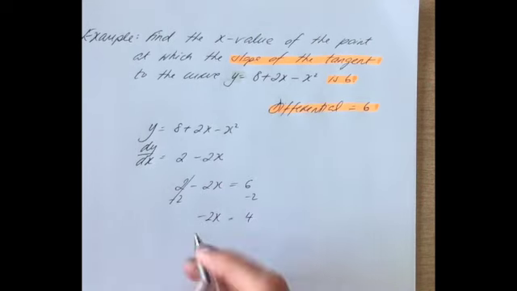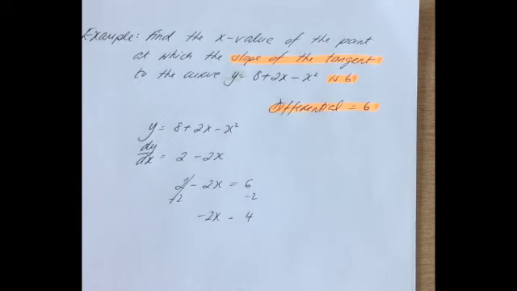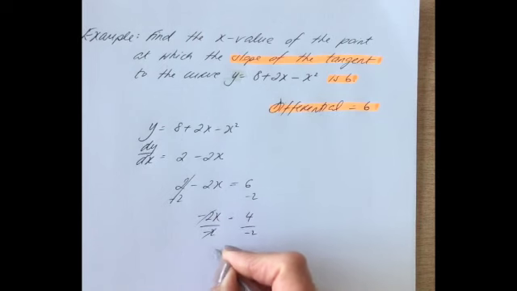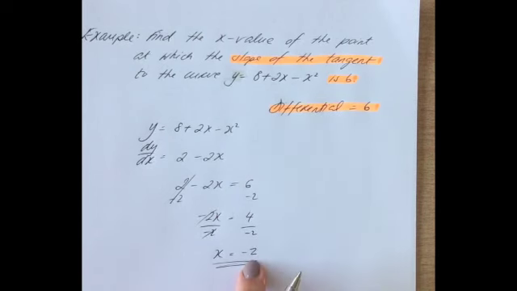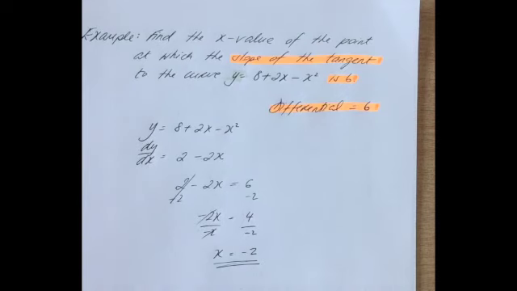We get 4. Now to get rid of the minus 2, which is being multiplied to the x, we divide both sides by minus 2. And I get x is equal to minus 2. So there we go. There's the x value of the point where the slope of the tangent to that curve works out to be 6.